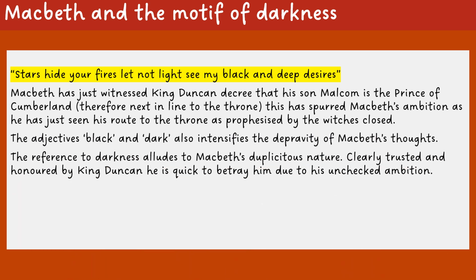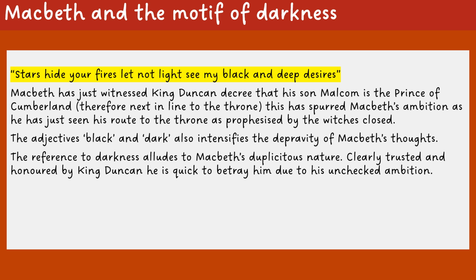Obviously, you can look at the adjectives black and dark, and these intensify the depravity of Macbeth's thoughts. Now, the word depravity just means how evil he is. But what we see here as well is Shakespeare is highlighting Macbeth's savagery and how his instinct has been immediately prompted as he's considering these sinful thoughts of regicide.